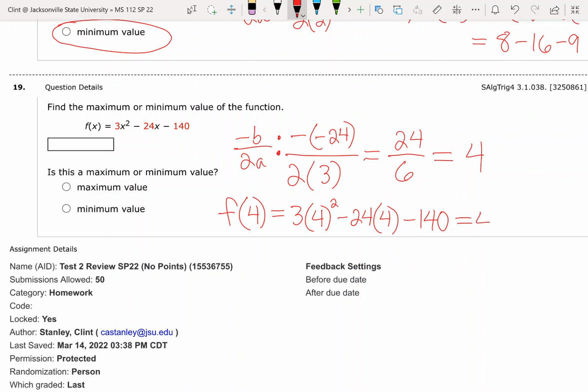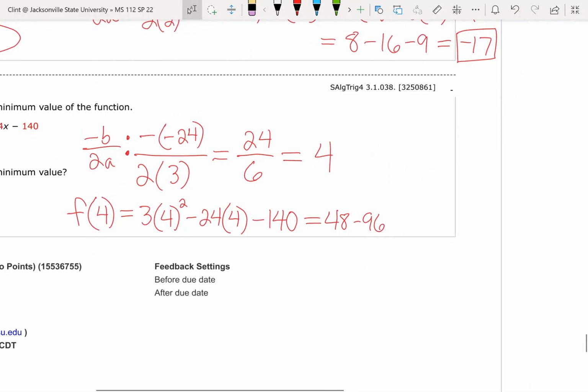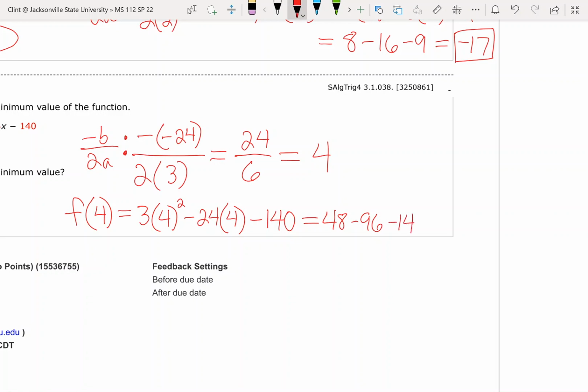So that's 48 minus, I don't trust my brain today, negative 24 times 4, negative 96, then minus 140 equals negative 188.